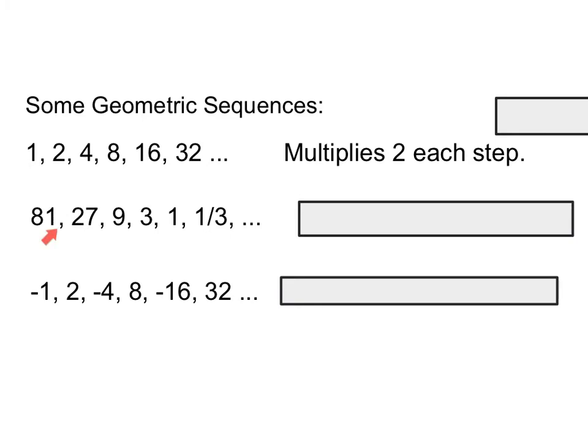What about this one? 81, 27, 9, 3, 1, 1/3. What's happening? I was going to say 54, but no. Are the numbers getting bigger or smaller? Smaller. So are we multiplying or dividing? Dividing. Dividing by what? 3. 81 divided by 3 is 27. 27 divided by 3 is 9. 9 divided by 3 is 3. 1 divided by 3 is?